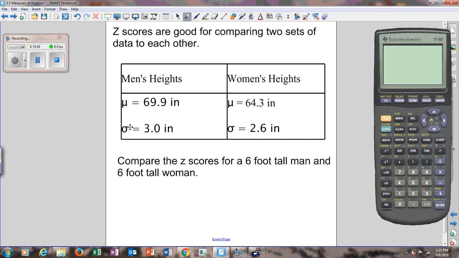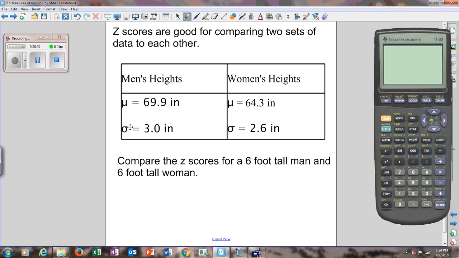And so if we were looking at a 6-foot-tall man and a 6-foot-tall woman, in order to compare how much taller they are than the normal person, we would have to compare them based on the averages. And so the average height for a man is 69.9 and a woman is 64.3. There's a significant difference there.